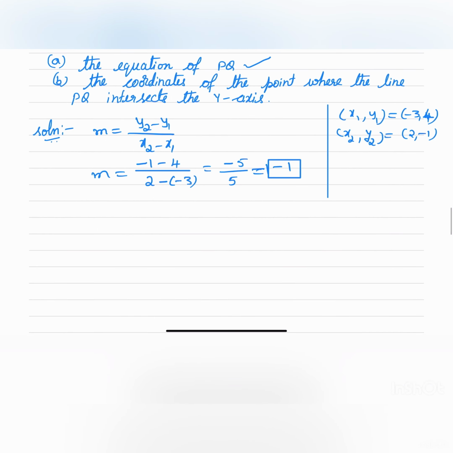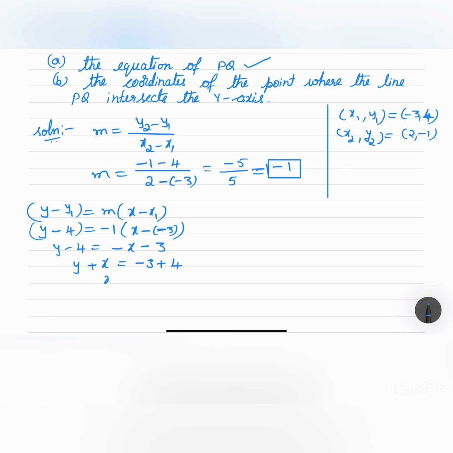Now we need to find the equation. So the equation is y minus y1 is equal to m into x minus x1. Let us substitute: y minus 4 is equal to m, which is minus 1, into x minus of minus 3. So y minus 4 is equal to minus x minus 3. X plus y is equal to 1.